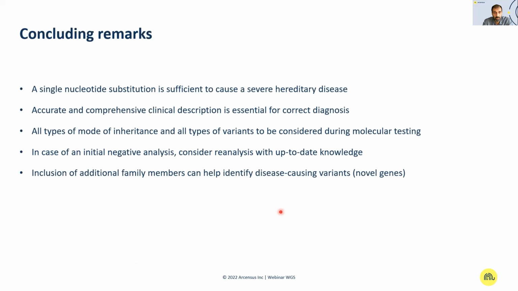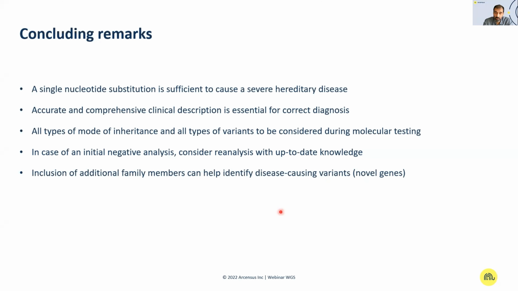And with this, I would like to conclude that it is important to know that even a single substitution can be a disease-causing variant of a severe disease. It's not necessarily the larger the mutation, the more severe the disease. And accurate and comprehensive clinical description is critical for a correct diagnosis.